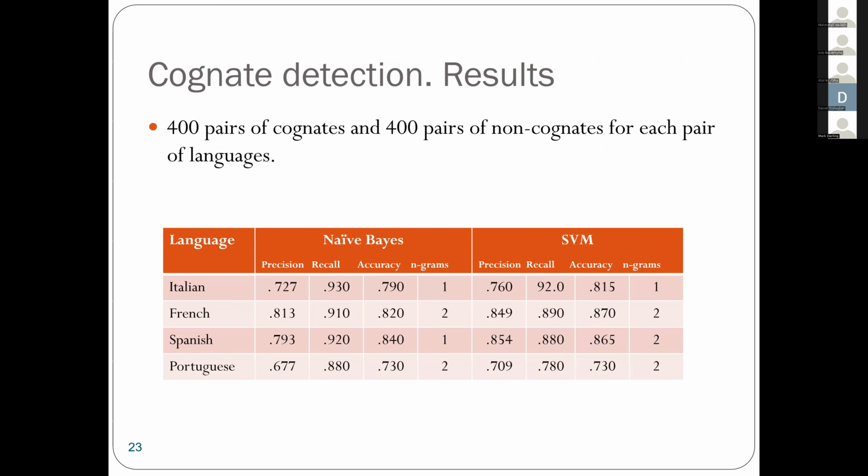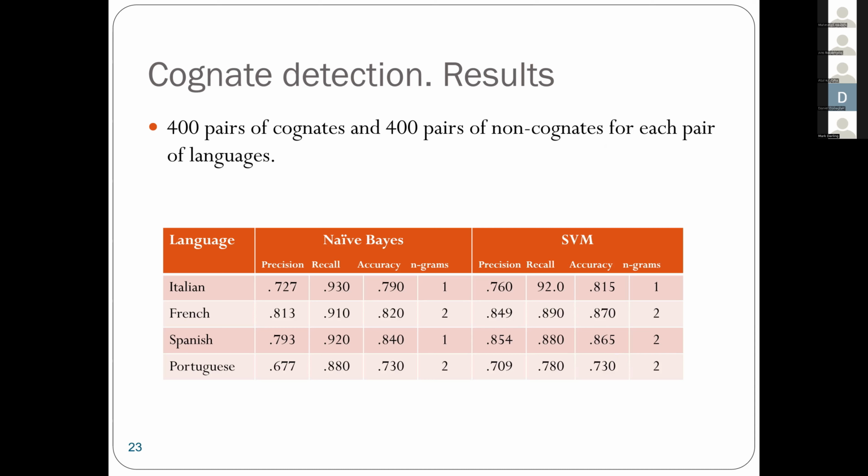Via the steps I showed before, we obtain here an accuracy of around 87% for French, 81% for Italian, 86% for Spanish, but only maybe 73% for Portuguese.